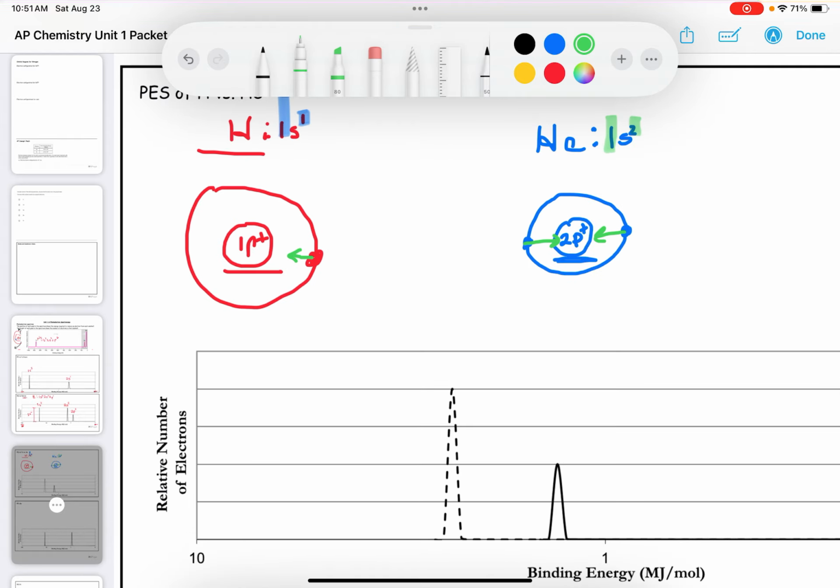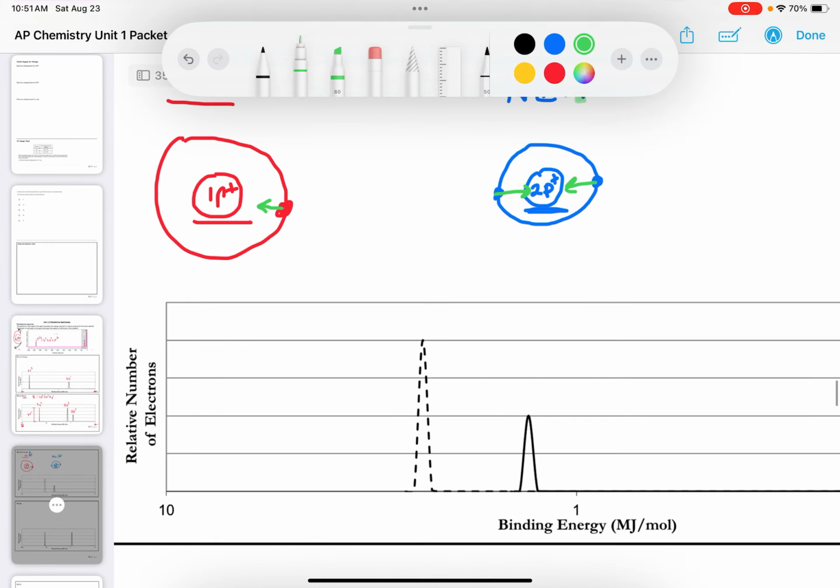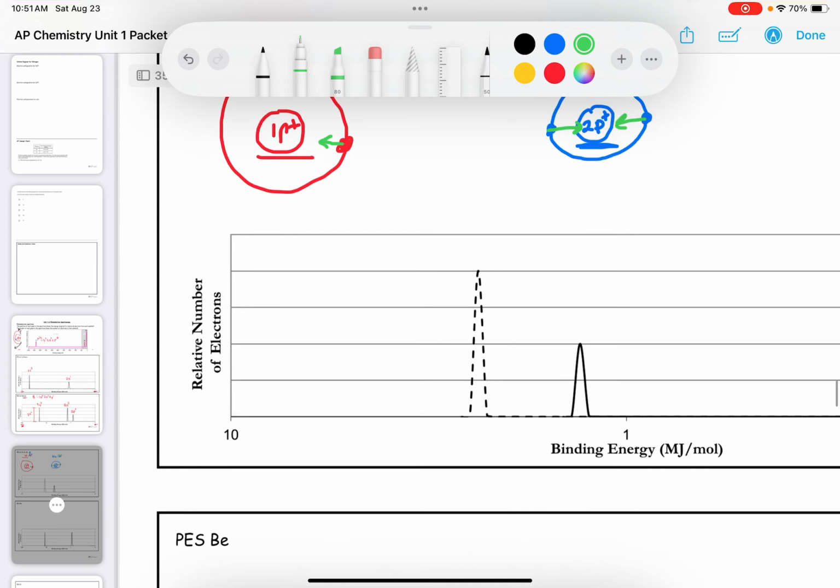Now, great. So with all that information in mind, is the dotted line hydrogen or helium? We're going to notice 2 things. The first thing is that's where my energy is the biggest, so that's where the nucleus is.